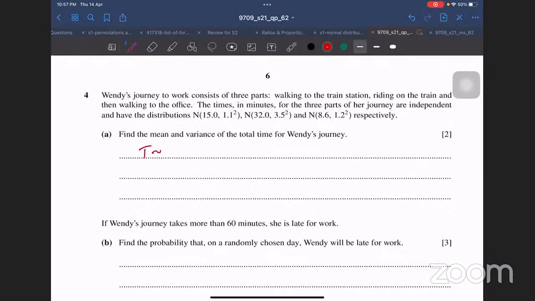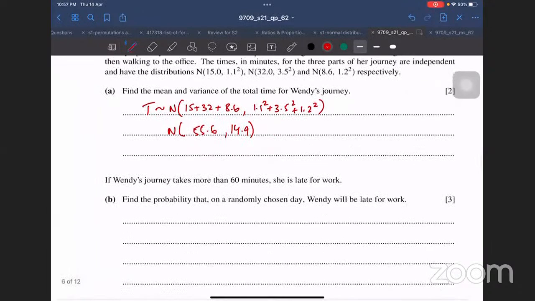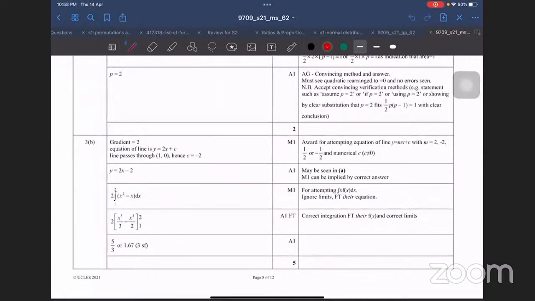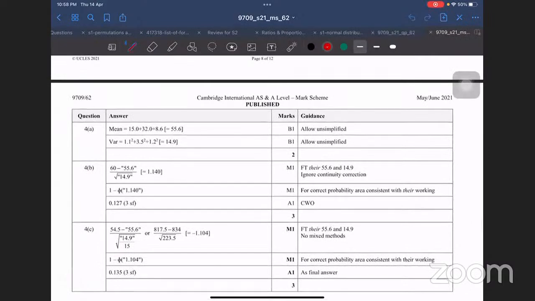So the total then follows a normal distribution: 15 plus 32 plus 8.6, comma 1.1 squared, 3.5 squared, and 1.2 squared. So I get a total of 55.6 and 14.9.